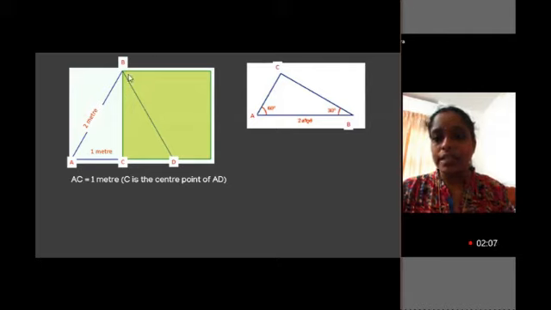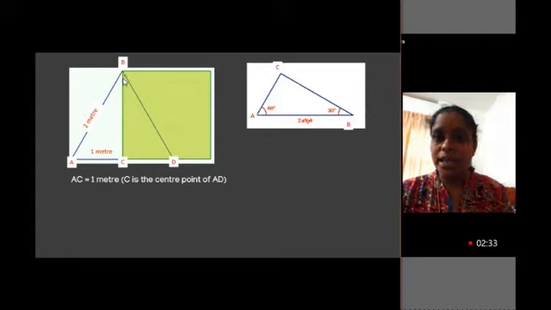Now we want to find the length of BC. So ABC is a right angle triangle. So we can say that BC square is equal to AB square minus AC square.